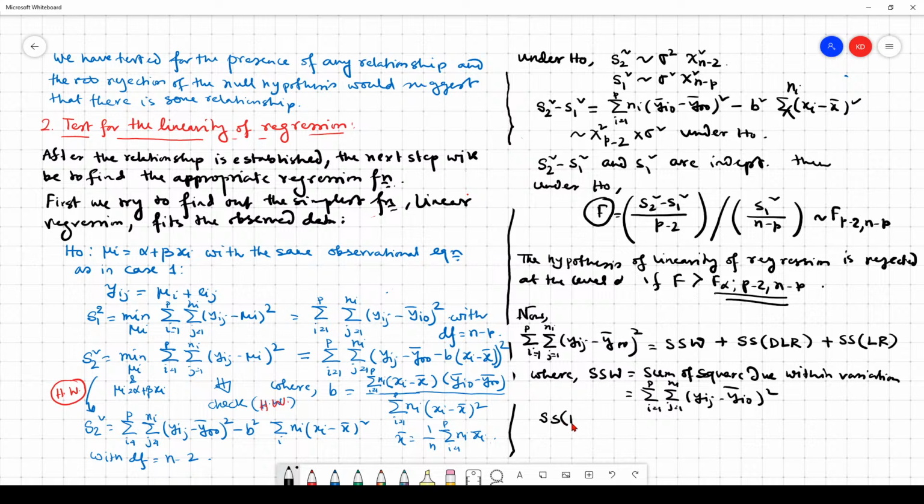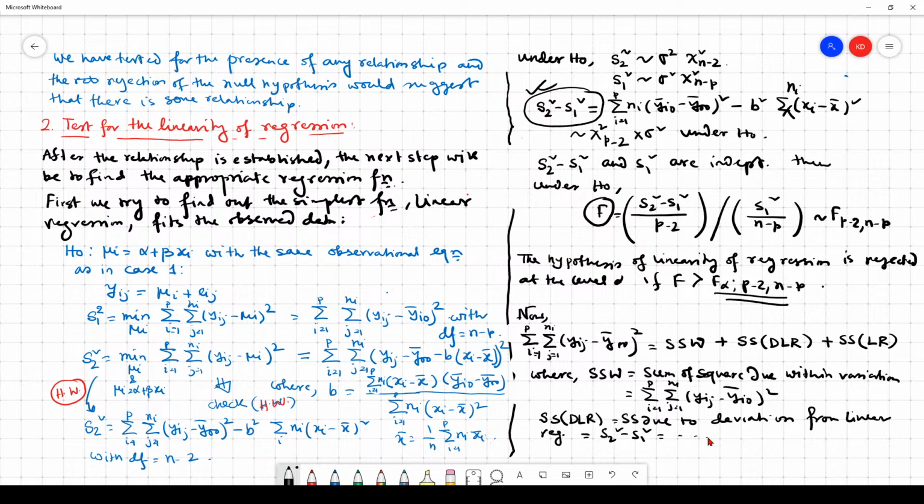SSDLR, this is SS due to deviation from linearity, or it is better to say departure from linearity, which is equal to S2 square minus S1 square.